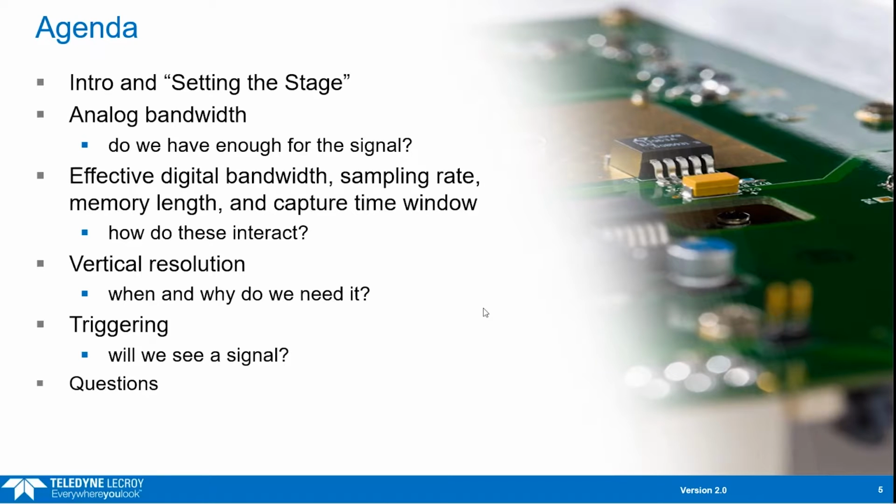We'll look at the interaction of a scope's time base, the time window, the capture time, the sample rate, the memory length, and how all of this affects the digital bandwidth, so very important, and how they interact. And then we'll look at the ADC and the vertical resolution that scopes provide and when and why you need it. And then we'll look briefly at triggering.